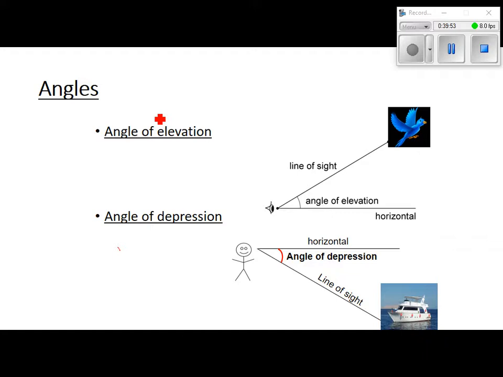But remember with this, if we were doing this problem right here, looking at this boat, that's the triangle that we're probably going to deal with, that triangle right there, right? So you have to remember that this angle of depression here is going to be the same as that angle of elevation down there because they're alternate interior angles.